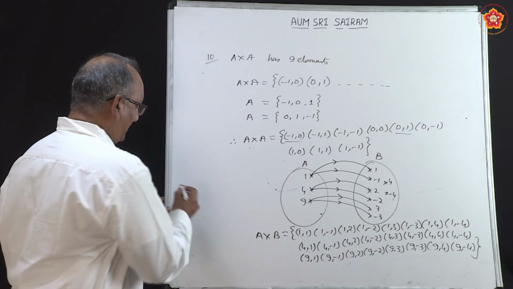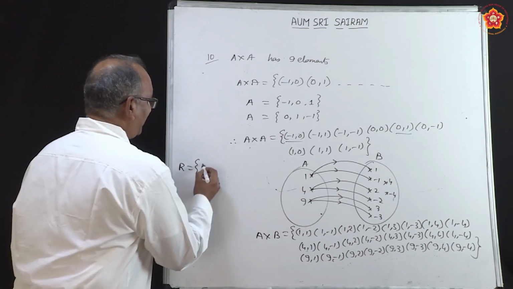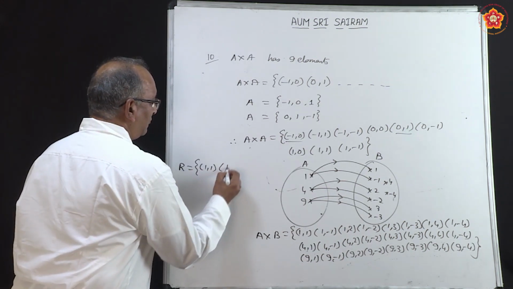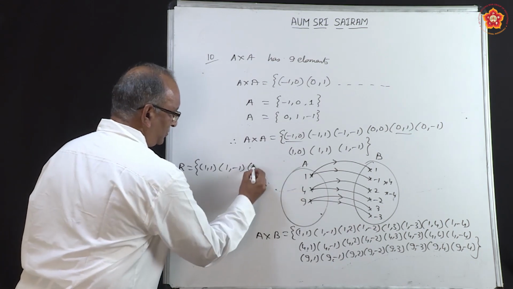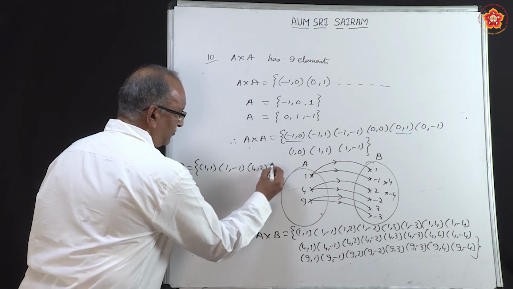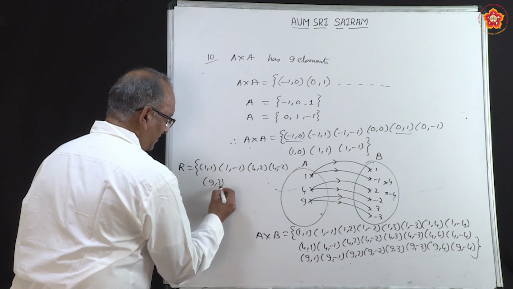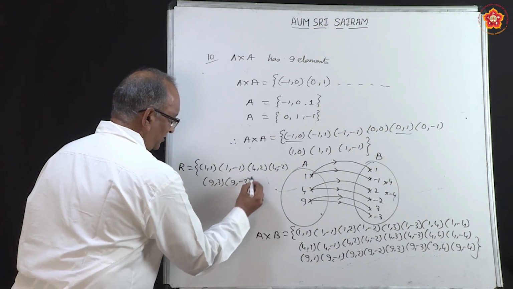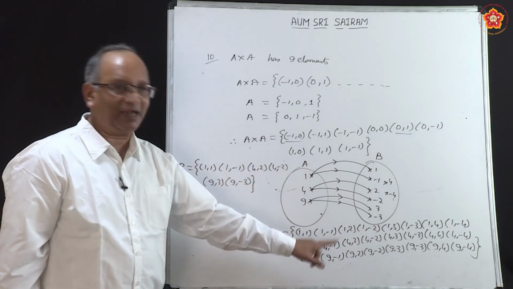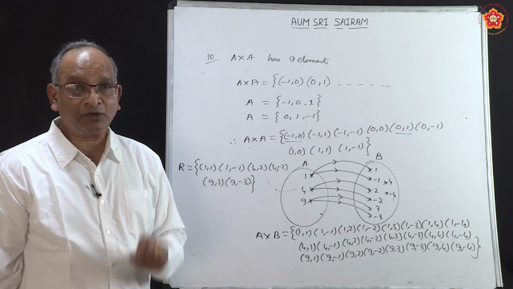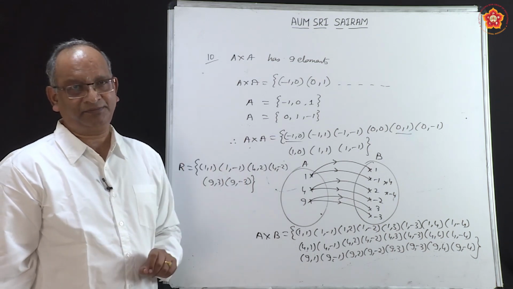Let us write the relation here, the ordered pairs which are forming the relation: 1 comma 1, 1 comma minus 1, 4 comma 2, 4 comma minus 2, 9 comma 3, 9 comma minus 3, that is all. You find all these elements in the Cartesian product. So, we conclude that relation is a subset of Cartesian product.